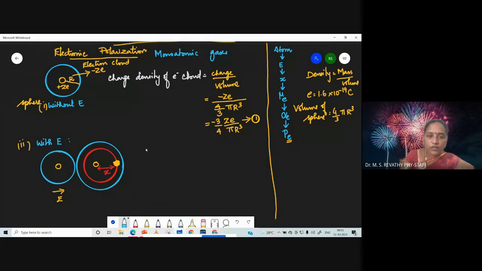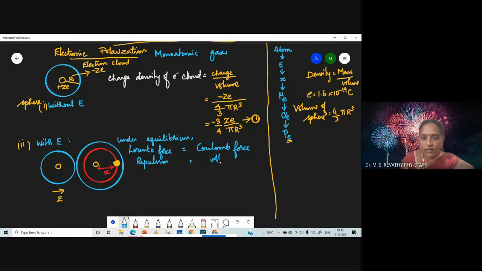So there are two forces acting here: one is the Lorentz force and the other is the Coulomb force. So under equilibrium, two forces are acting in an atom. Lorentz force is actually a force of repulsion, whereas Coulomb force is a force of attraction.